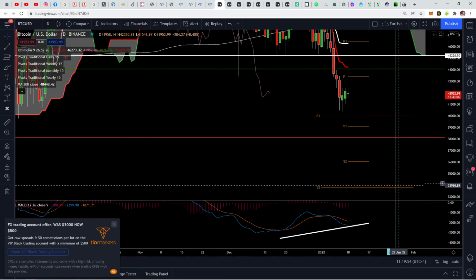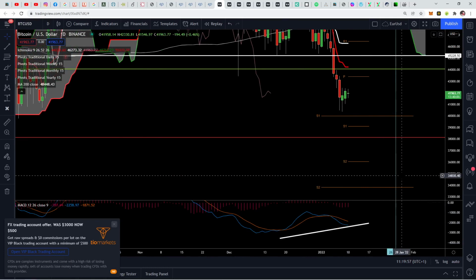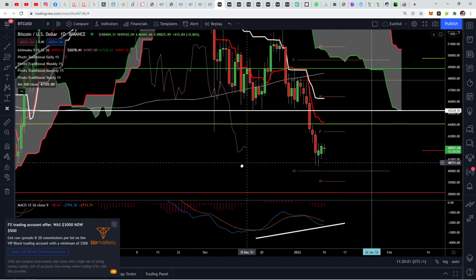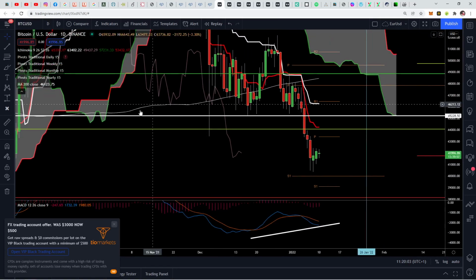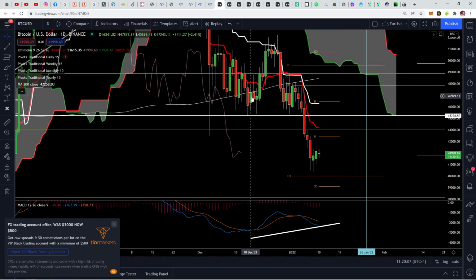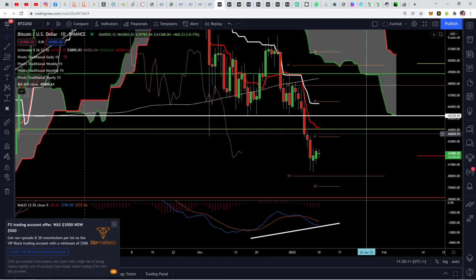So then we should also address here the SMA 200, because we can see it's moving upwards. There's a bullish momentum in the SMA 200, reflecting all the price action going back 200 periods here, 200 days. And this is very important.